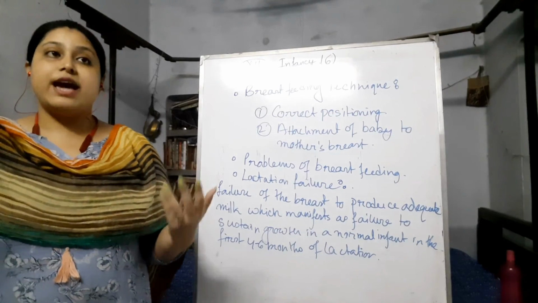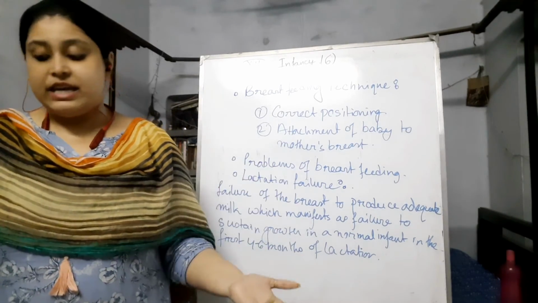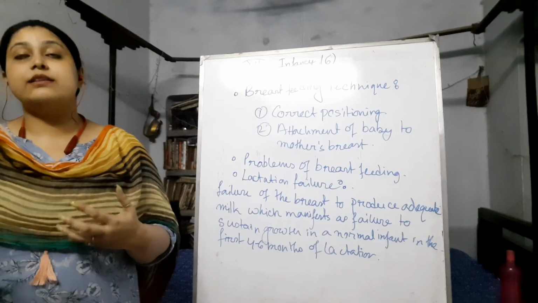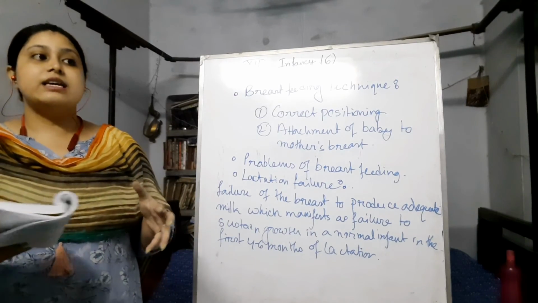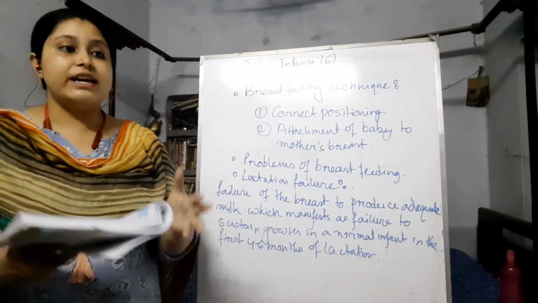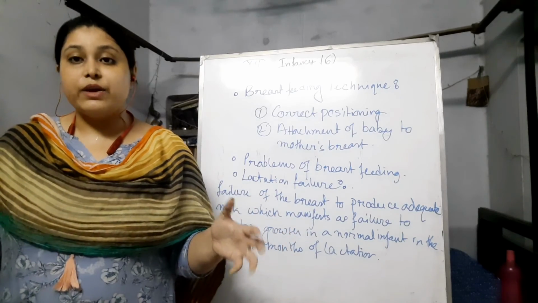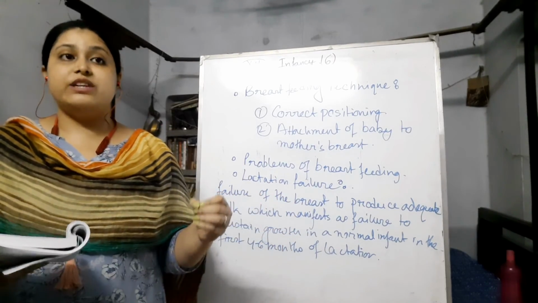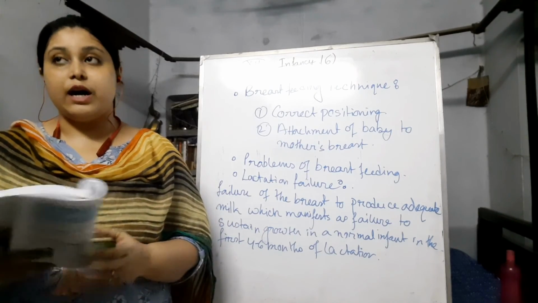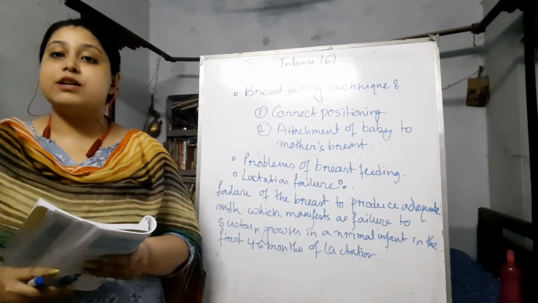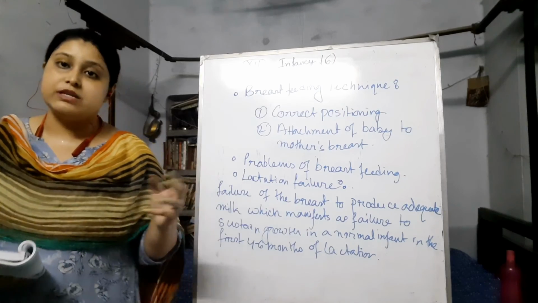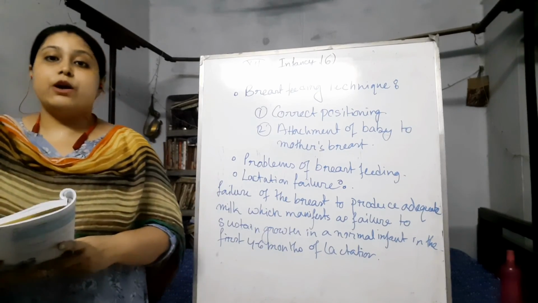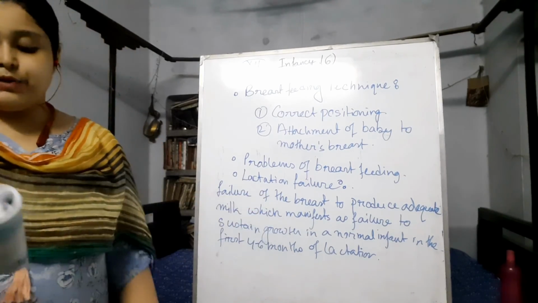If she has twins or triplets, the mother's milk is divided into different parts, and she has to feed all her babies. It will be a problematic situation for her, and mothers can't produce that much milk for triplets or more. In that way also, lactation failure sometimes happens.